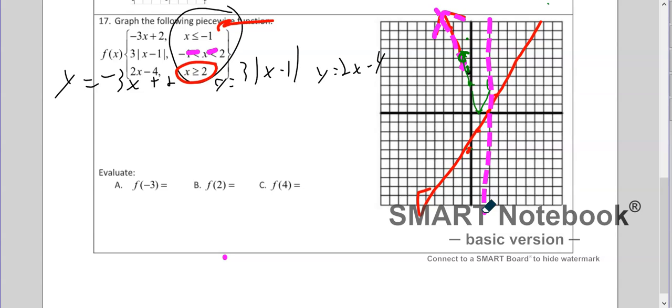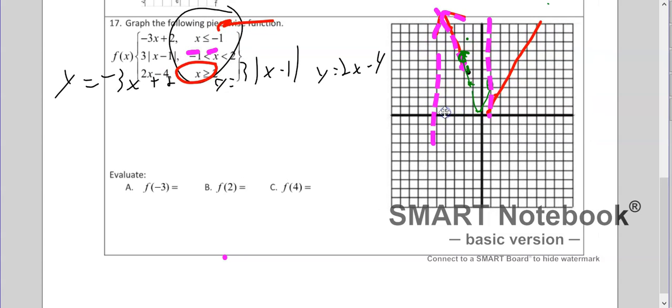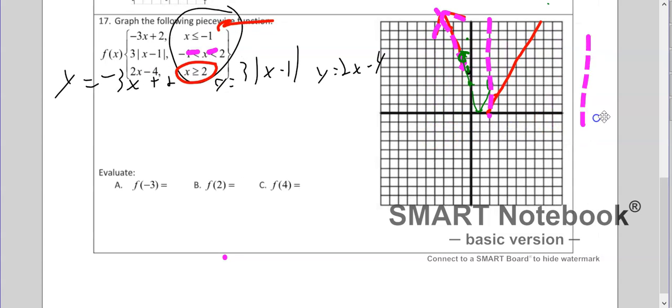So that was at 2, 0, which means I don't want anything down here. The sensor is really off for some reason today. So I want a solid dot right there.